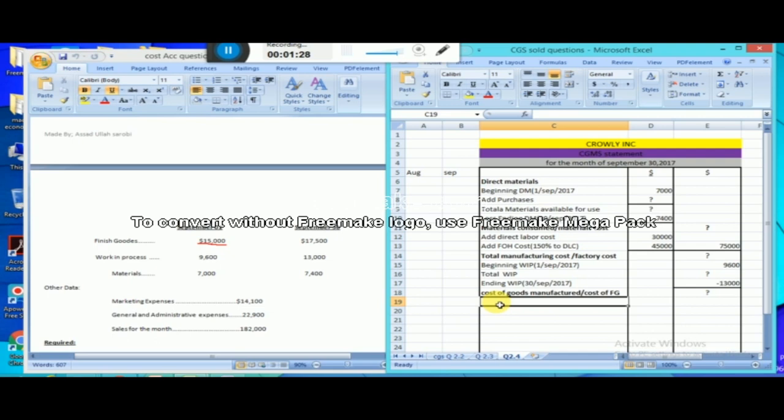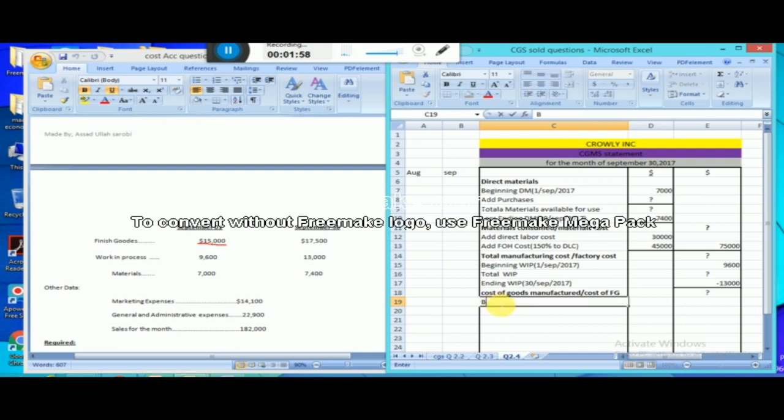Because these were produced in the month of August and not sold out in the month of August. So these will be sold out in the month of September or in upcoming months. That's why now we will add the cost of these finished goods in the month of September.